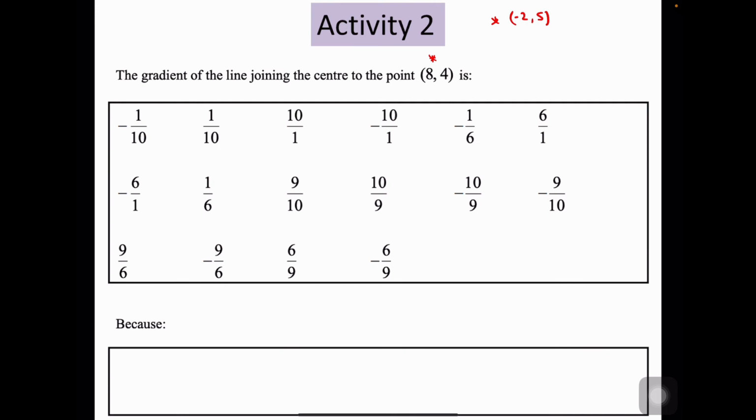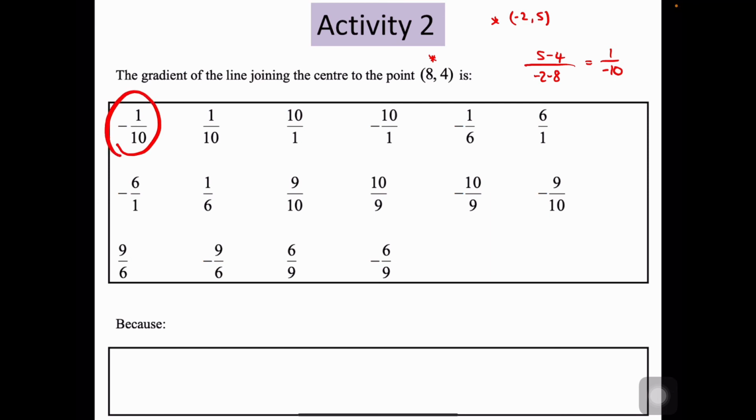So change in y: I write 5 take away 4, change in y over change in x. So negative 2 take away 8. So we have 1 over negative 10. So our gradient is 1 over negative 10.